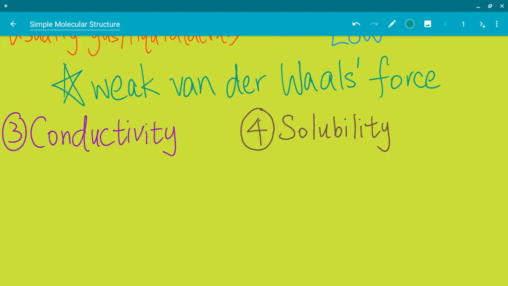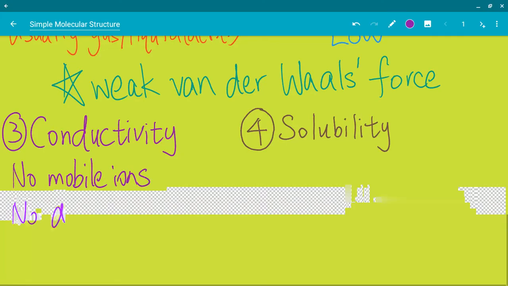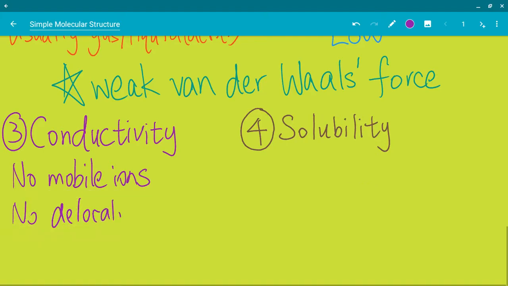Yes, they do not conduct electricity because there are no mobile ions and no delocalized electrons. That's why it's a non-conductor.